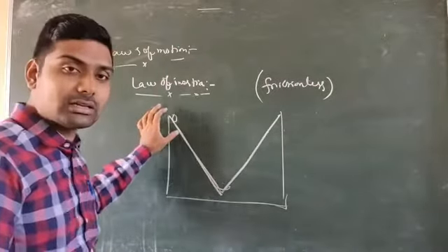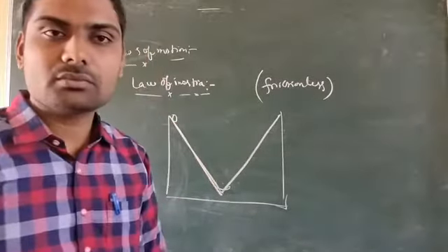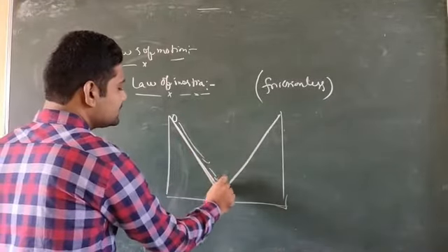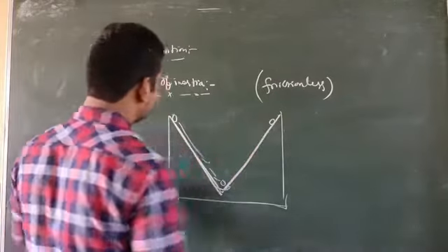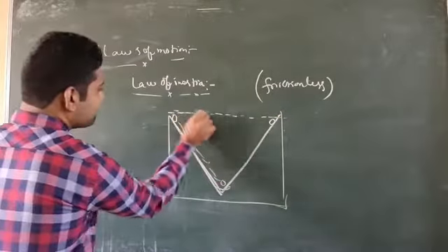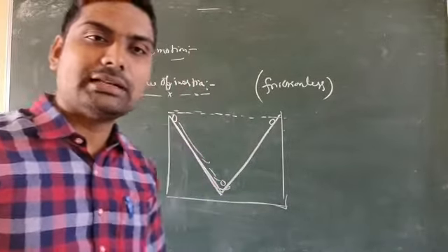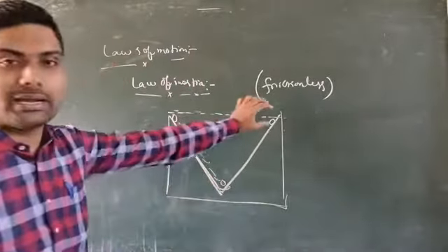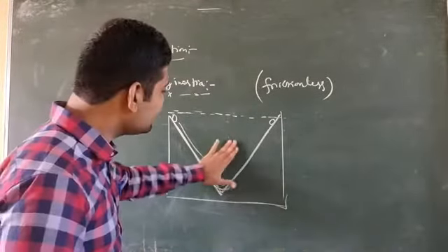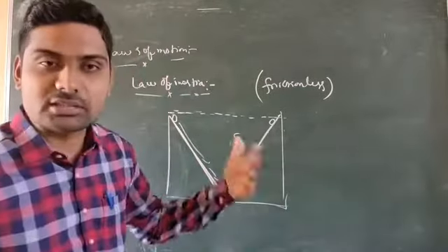Galileo made the ball roll on the inclination. What did he observe? The ball will move like this, and the ball reached the same height on the other end. The ball took t1 time, and attained s1 distance.